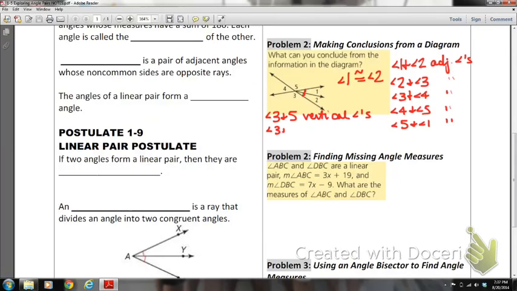Angle 3 and angle 4 are a linear pair, because their non-common sides form a straight line, and the linear pair postulate also tells us they are supplementary. Angle 4 and angle 5 are also a linear pair and supplementary.